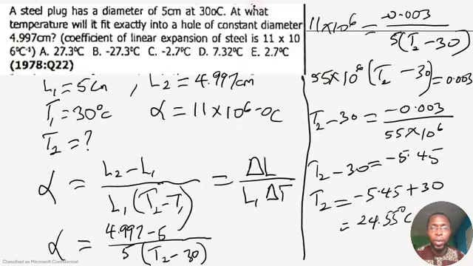Okay, so that's our final answer, and that's the final temperature. But if you come here, you will not likely see the option because there's an error in the coefficient of linear expansion. Yeah, there's an error there. But let's just work with what we have. Whatever error there is, let's work with that error. Our answer will give us 24.55 degrees Celsius.